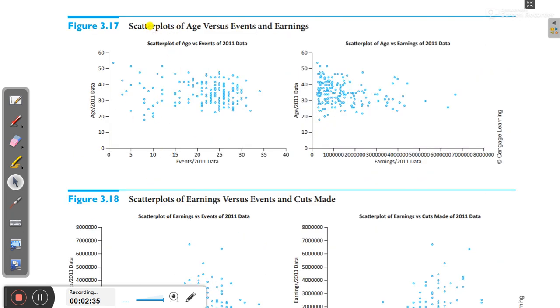This one is a scatter plot of age versus events and earnings, or it might be age versus earnings, or earnings versus events. In this way you can plot the data as scattered points. This is the x direction, this is the y direction, this is the x variable, this is the y variable, and you put the points of this data on the graph, and it is scattered.